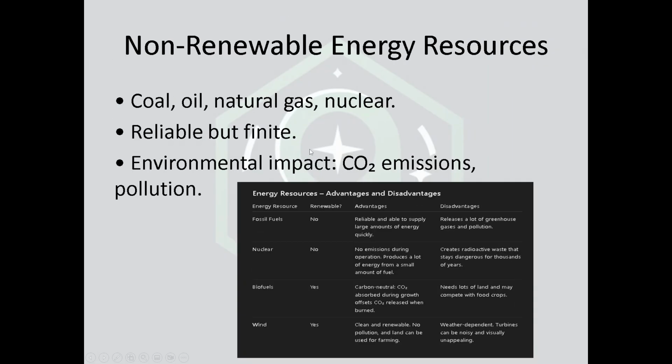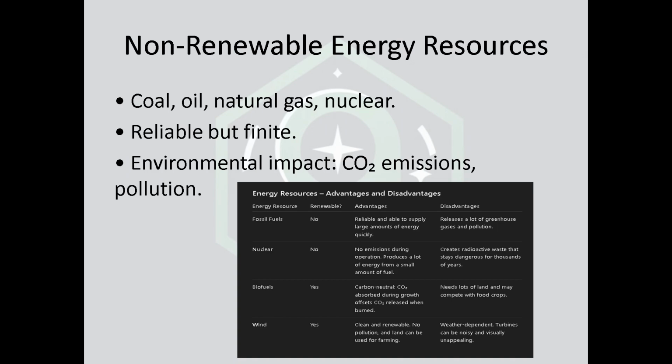Cool, so now we're going to have a quick look at energy sources. The main non-renewable energy resources are essentially coal, oil, natural gas, and nuclear. They are very reliable, but they are finite. So essentially, we are running out of them. We have a limited supply of them. We can't create them.